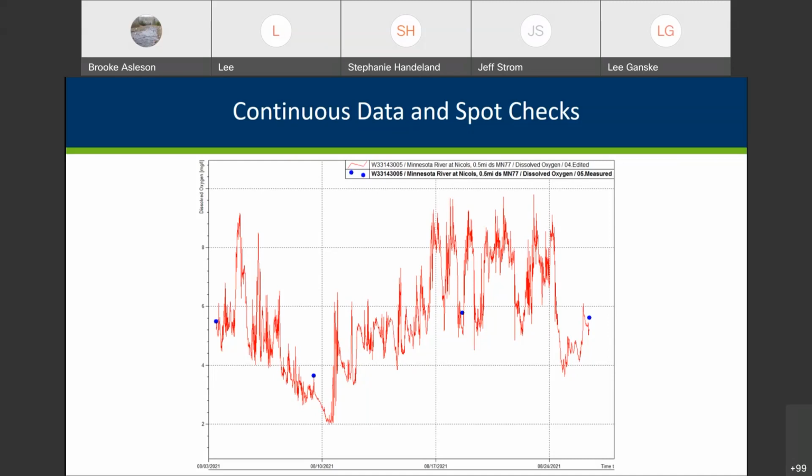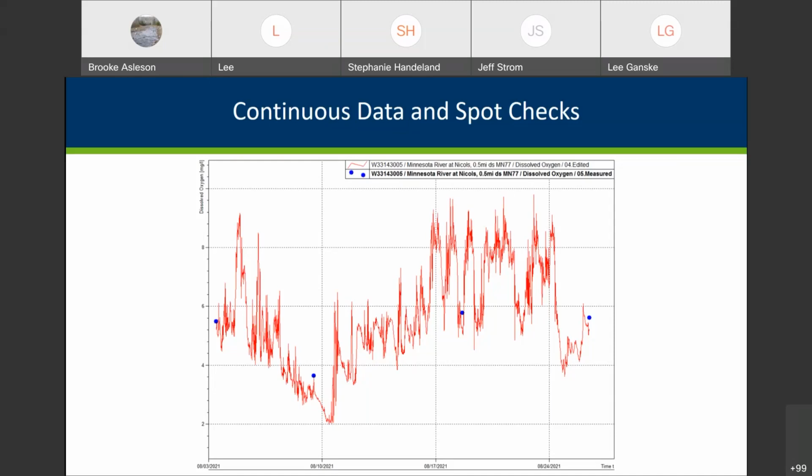And I will say we did have some hiccups. We had one sonde where one of the wipers stopped working and it started to deviate from the spot checks. In that case, we were able to do a calibration correction to save some of the data set. And we did have one sonde that simply malfunctioned partway through.